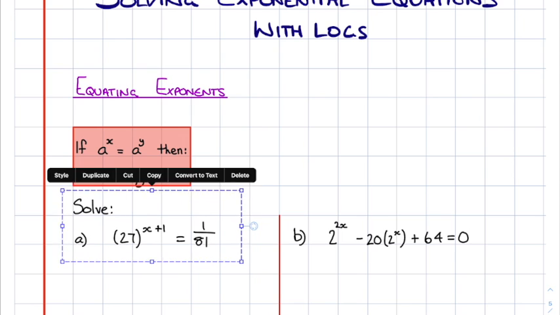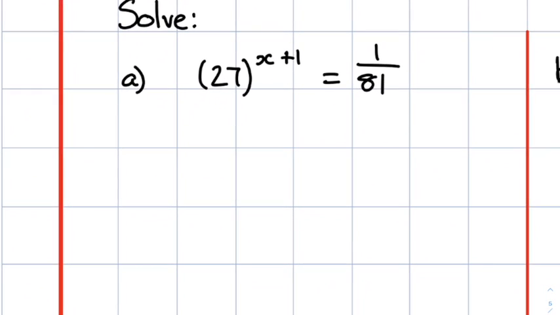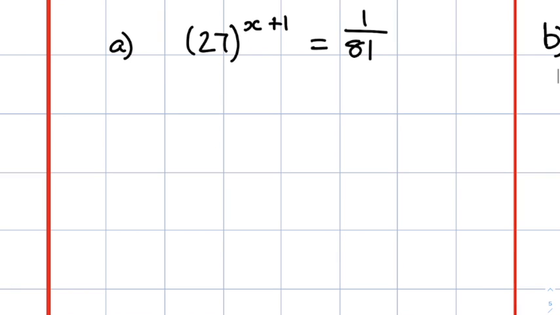Starting off with A on the left hand side here, 27 to the power of x plus 1 is equal to 1 on 81. The idea here is, can we get the bases the same?